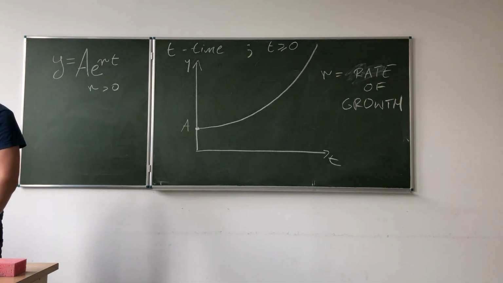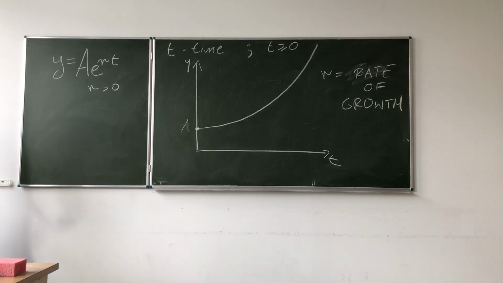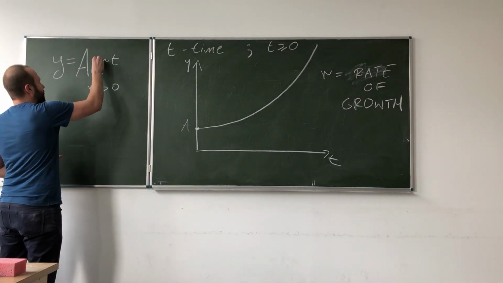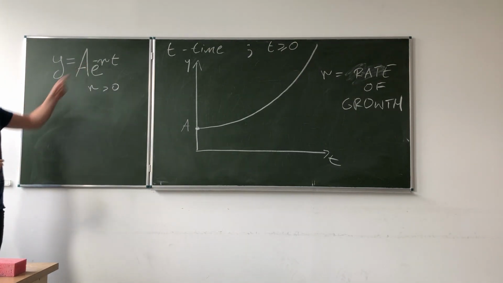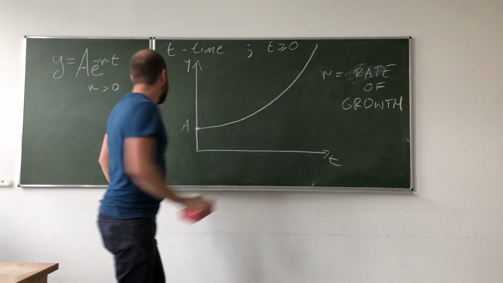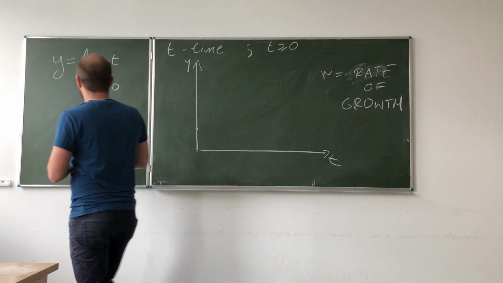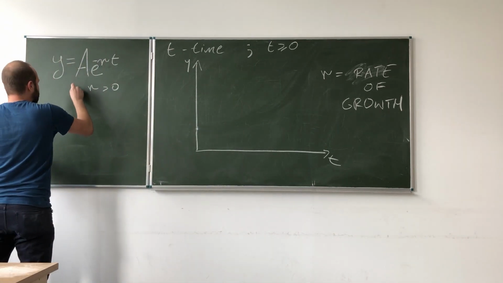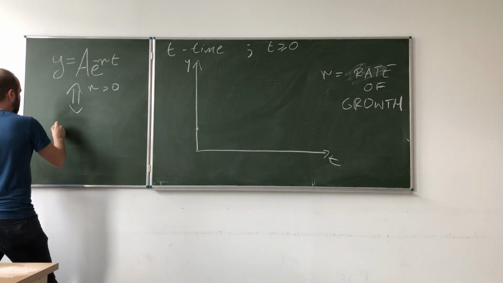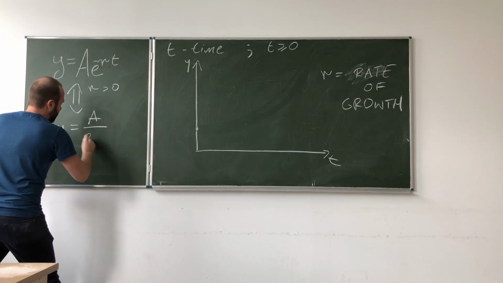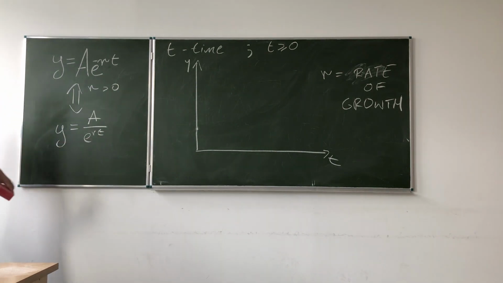Now, all I want to do with you is one special variety of this function. What if we put a minus over here? Now, remember that in situations like this, it will be the same as y equals a over e to the power r t, assuming that r is still positive.